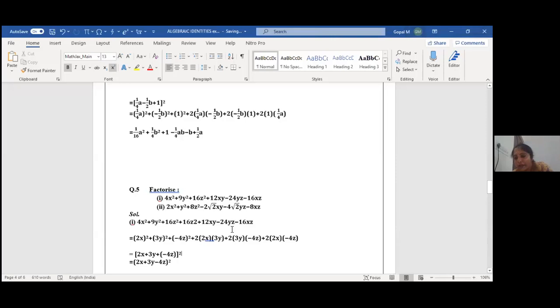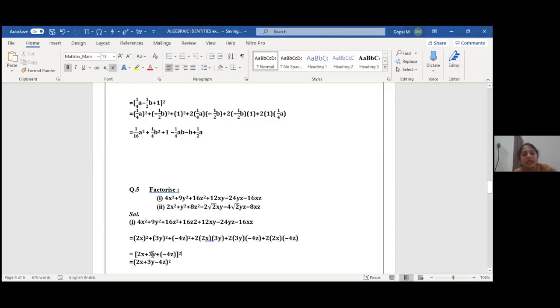Am I clear? Yes, ma'am. Next, last one, you check it. Plus into minus is minus, 2 2s are 4, 4 4s are 16xz. We are getting the exact value. So I can say, after applying A, B, C values, we are getting the same, this is in the form of A plus B plus C whole square.